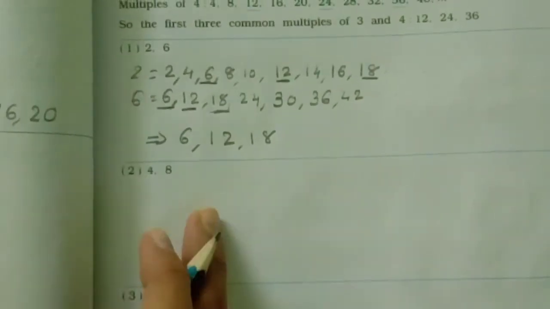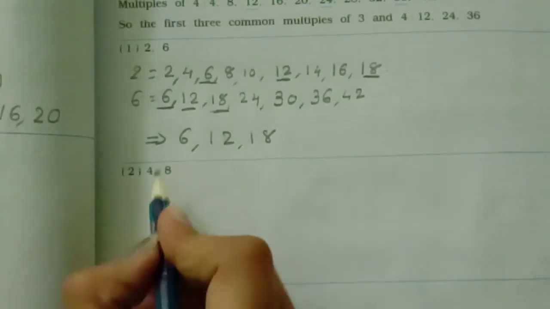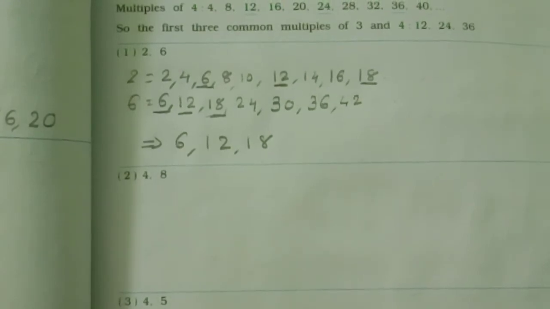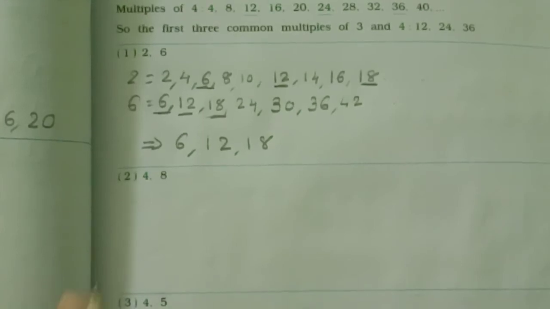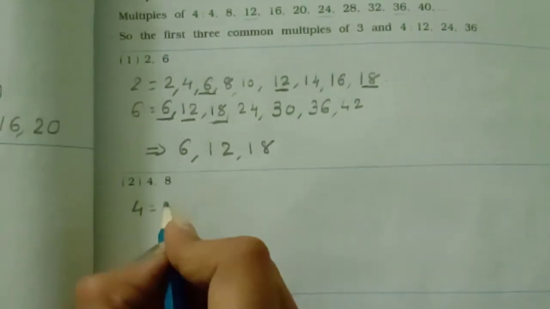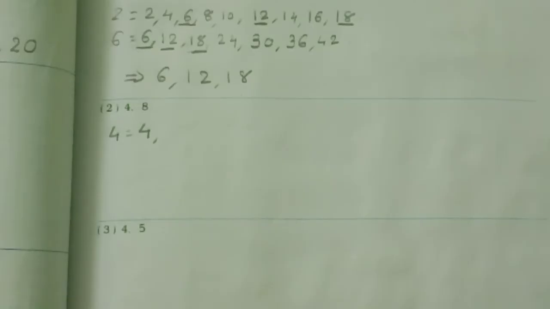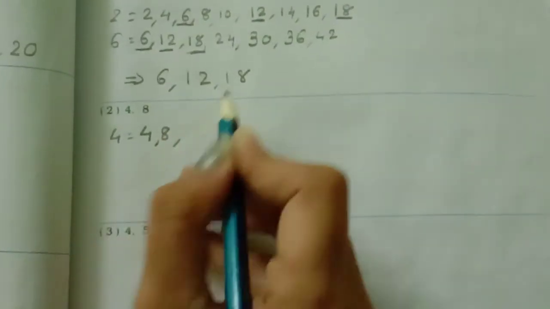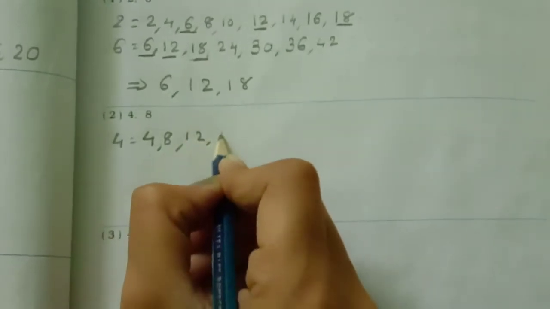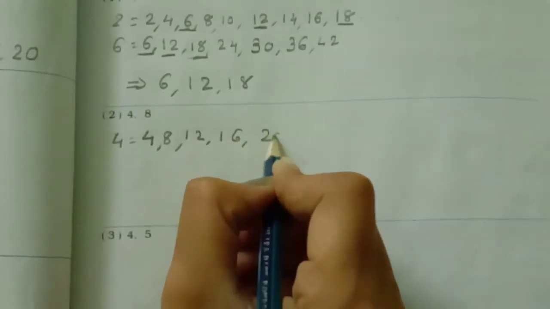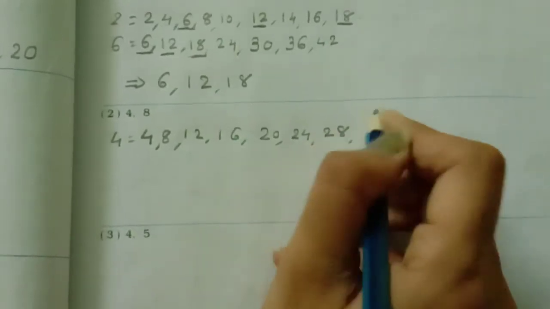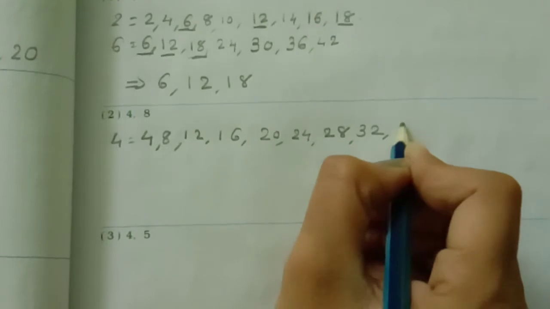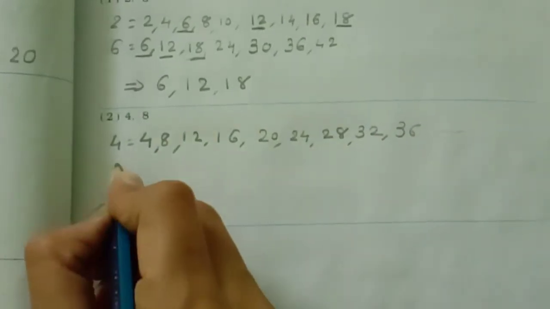Now 4 and 8. First we have to see what they asked, factor or multiple. They asked here multiple. So we will write the product of given number. Now 4: 4, 8, 12, 16, 20, 24, 28, 32, 36 and so on.